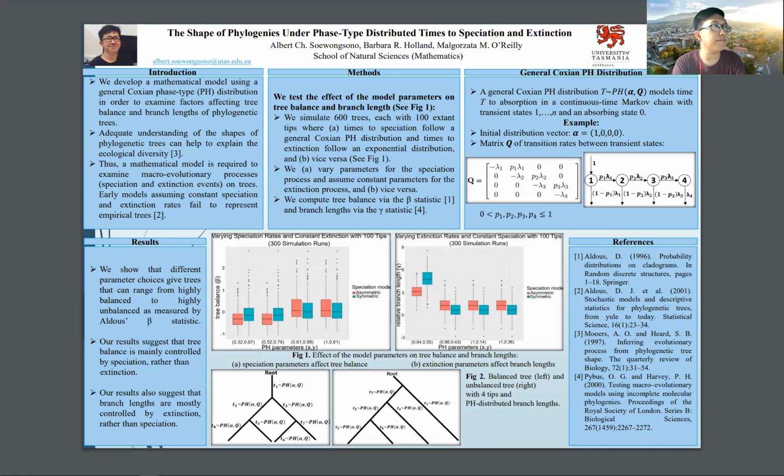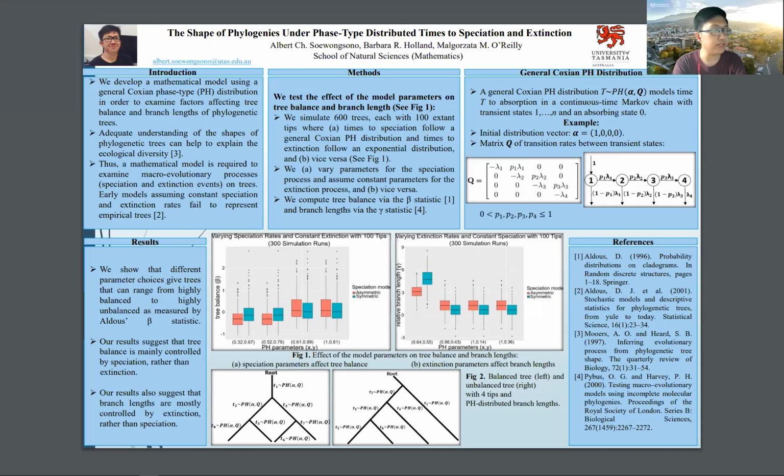And you have the rate matrix Q that records the transition rates between the transient states. Biologically, you can think of your species going through different phases in their life until they either go extinct or they speciate. Right, so that's about the Coxian phase-type distributions.